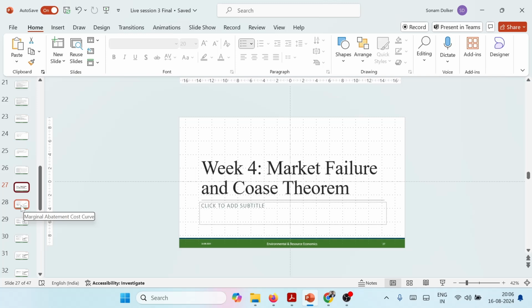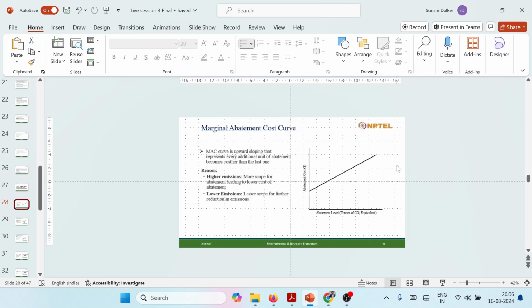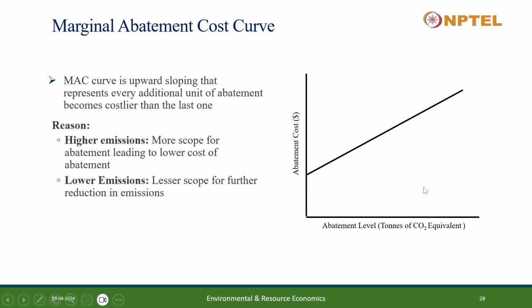So they can trade the credit with those firms which have high emission limits. So that is the interpretation of Porter's hypothesis. Now we will move towards the marginal abatement cost curve.